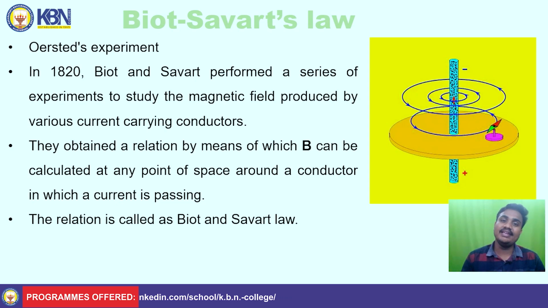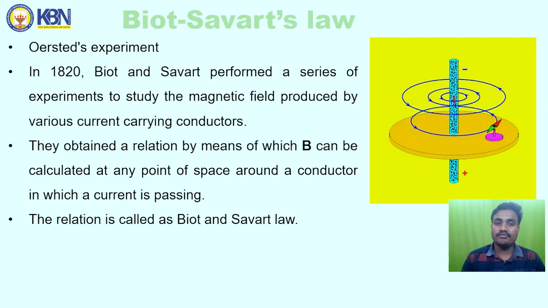After many experiments, they obtained a relation by means of which the magnetic induction or the magnetic field B can be calculated at any point of space around a conductor in which the current is passing. They proved that this relation is called Biot-Savart's law.